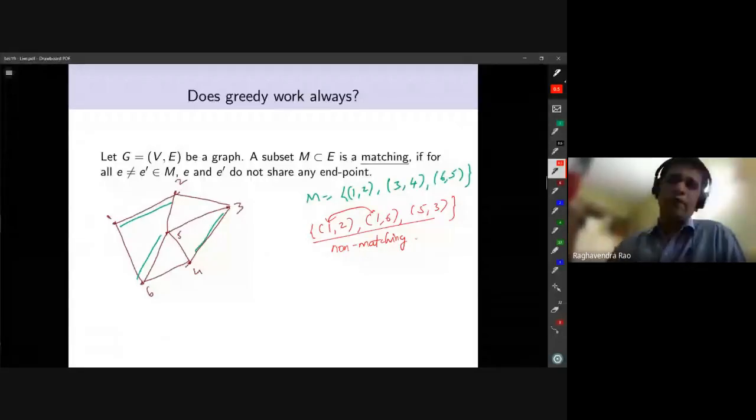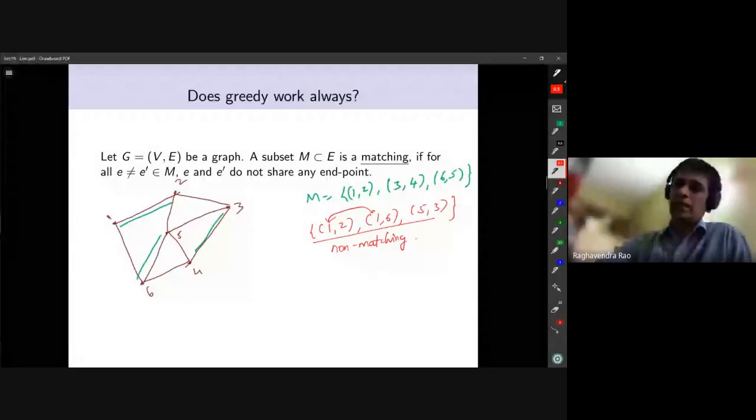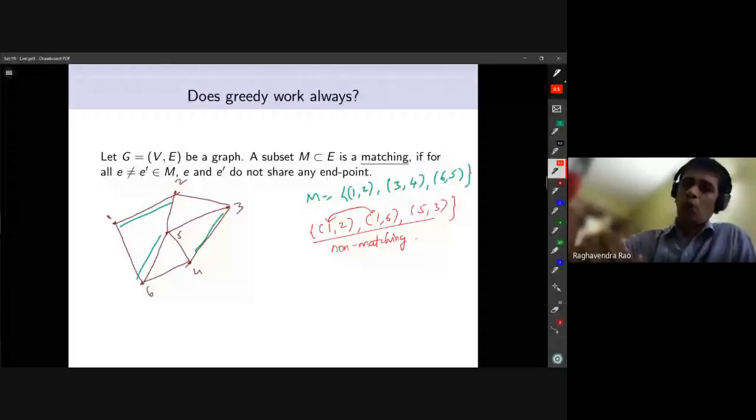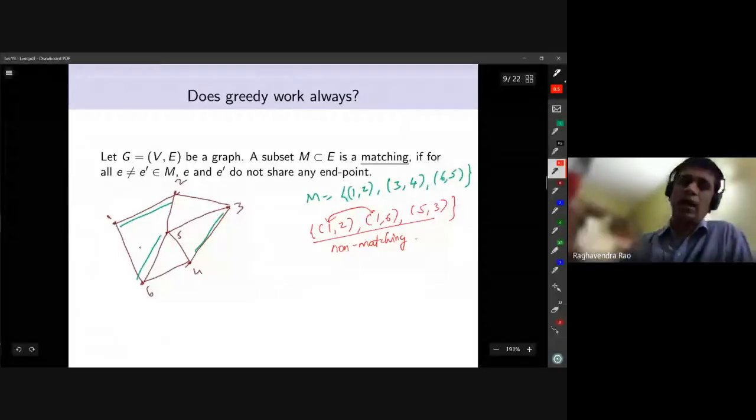When you have n vertices, what is the maximum possible size of a matching in that graph? Each edge will consume two vertices, and no two edges can share an endpoint, that is, share a vertex.